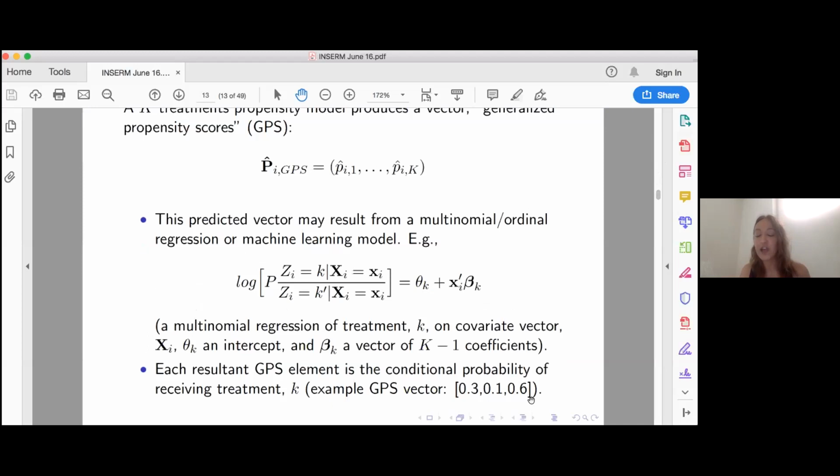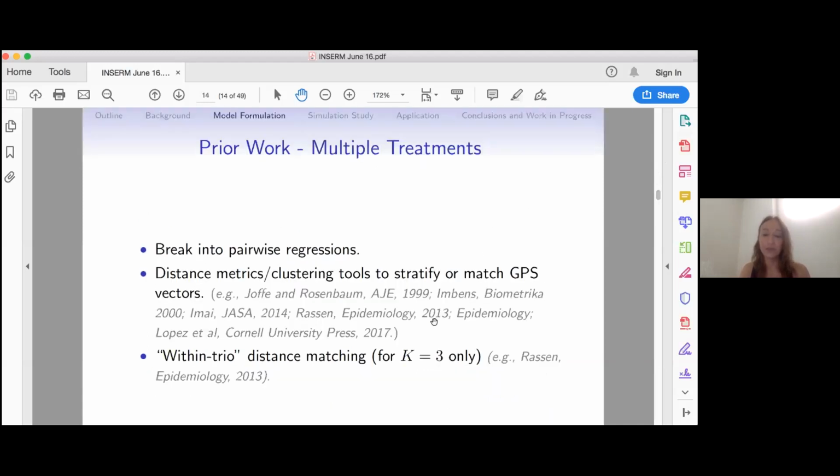Or maybe I just stratify vectors that all look similar to this. This is very hard in practice to do, but that is published and fairly well published. There's another method called within trio distance matching that only works for K equals 3. It's a way of matching for 3 treatments only. We want something more generalizable than this, as we may have 5 treatments.